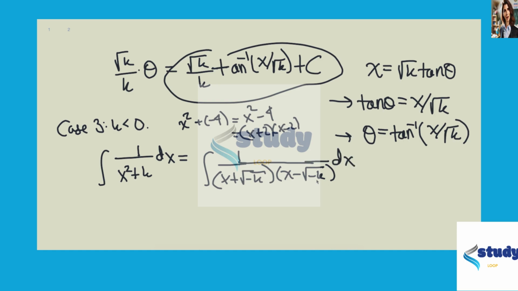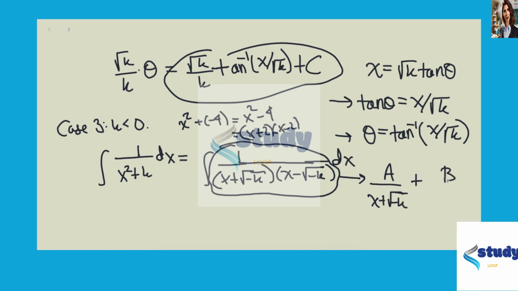Dx, so this is what the author would call case 1. For the integrand, we have distinct linear factors. So just looking at the integrand, we can break that up as A over x plus the first radical, and then B, and then we have the same but with a minus.